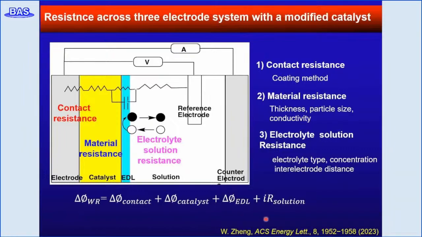But in the case of modified catalysts on the electrode, additional resistances are present. Therefore, overcompensation may occur by simple automatic compensation. Therefore, sometimes partial compensation is applied for the uncompensated resistance.